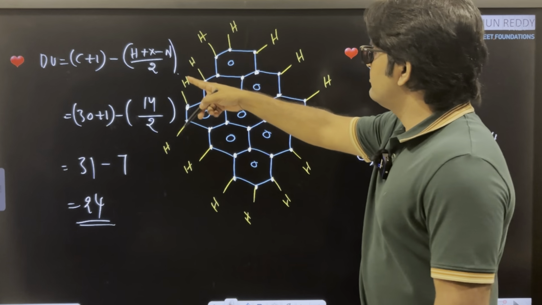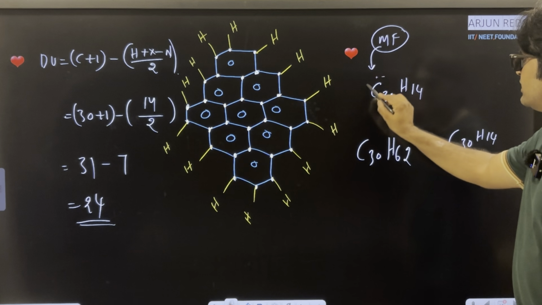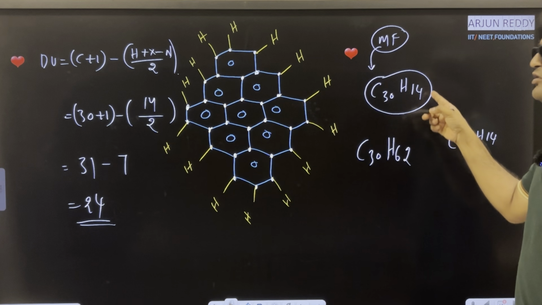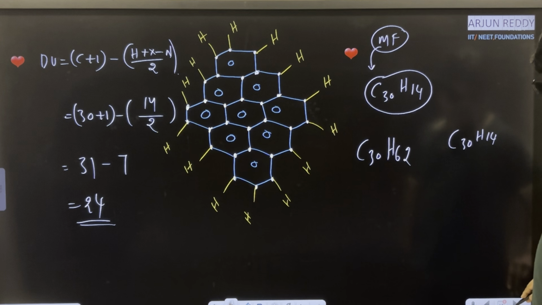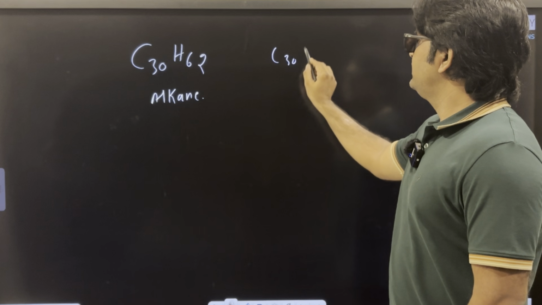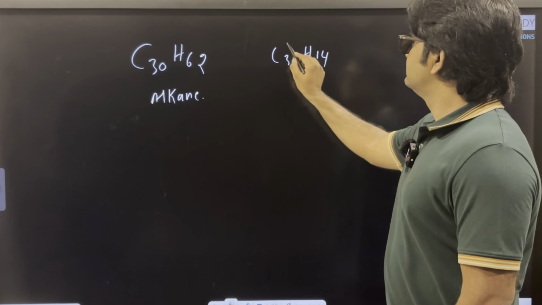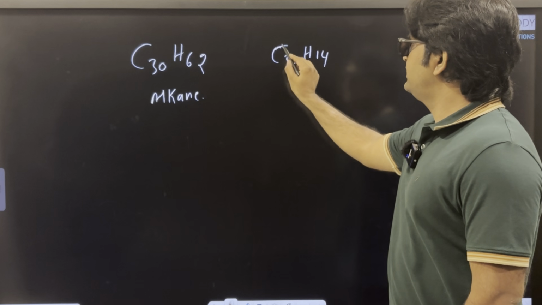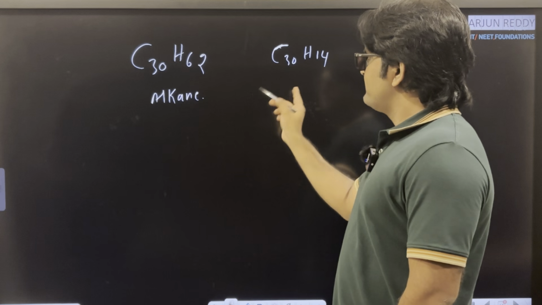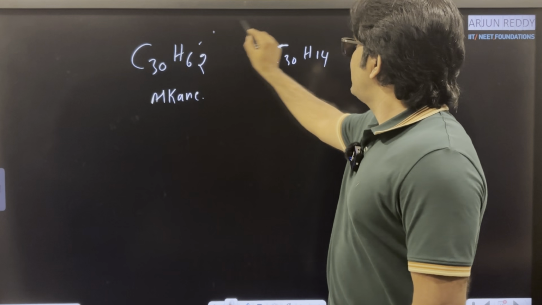Now in the given compound, how many carbon atoms are present? 30 carbon atoms. And how many hydrogen atoms? 14 hydrogen atoms. So C30H14. Now you calculate the difference in hydrogen atoms.